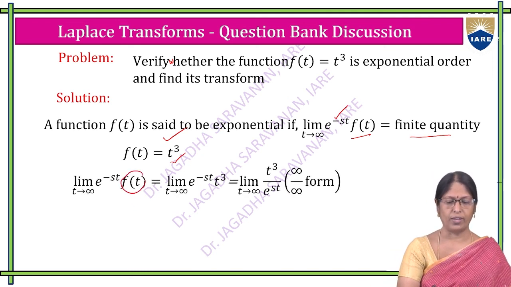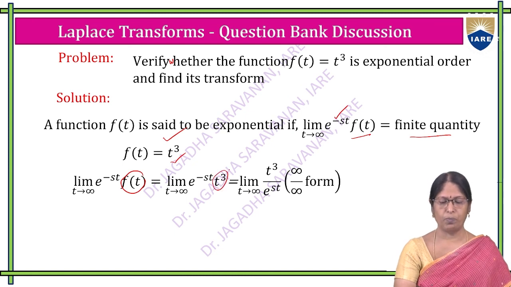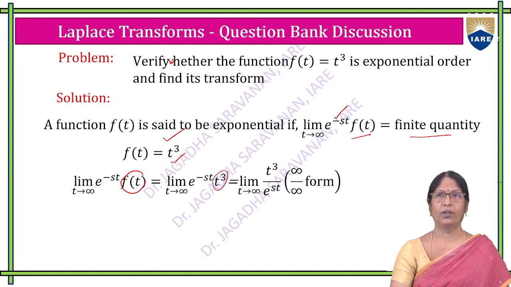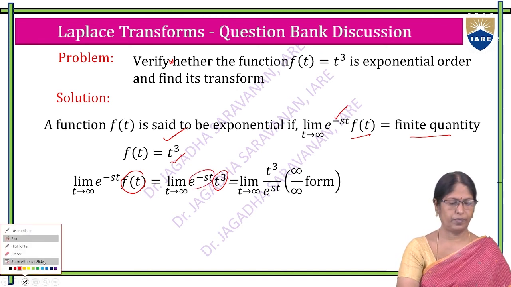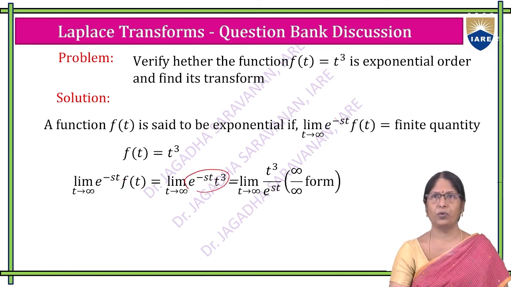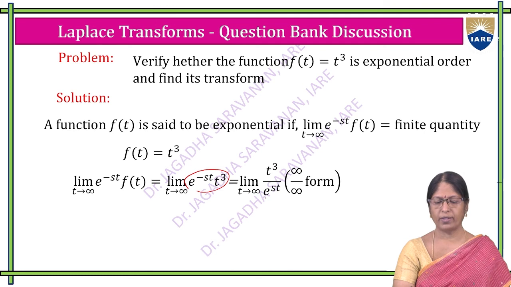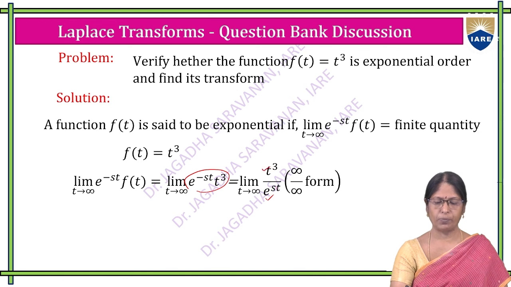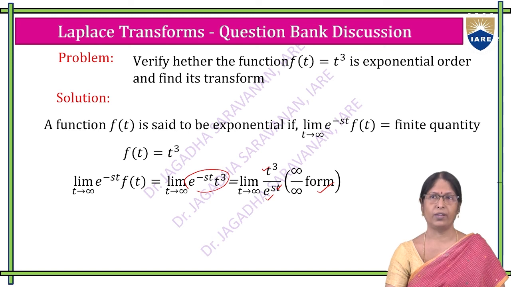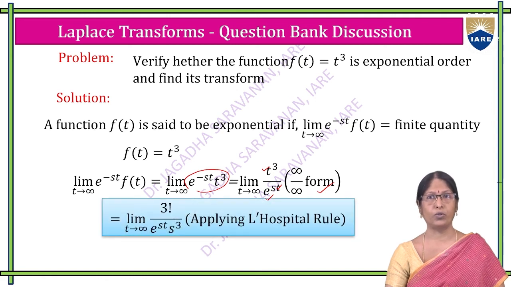In the formula, f of t is replaced by our given t cube, so t cube into e power minus st. We push the exponential from numerator to denominator, so t cube divided by e power st. If you substitute infinity, it is of the form infinity by infinity, an indeterminate form. Recalling what we studied in lower classes, if it is indeterminate, the L'Hospital rule is to be applied.